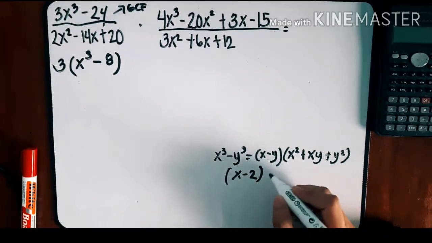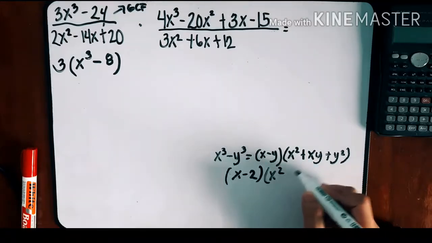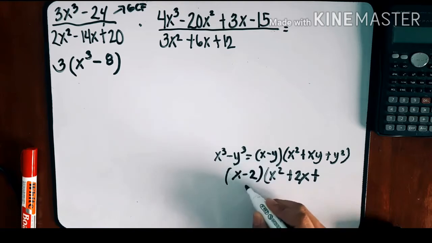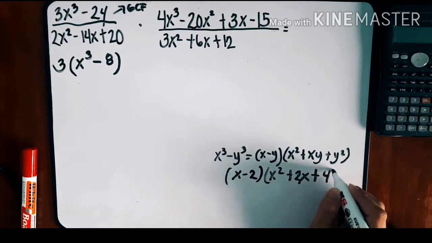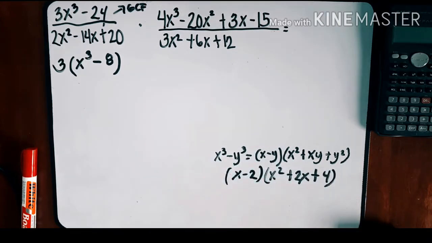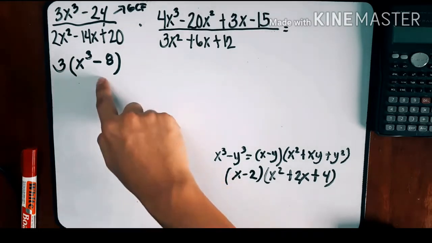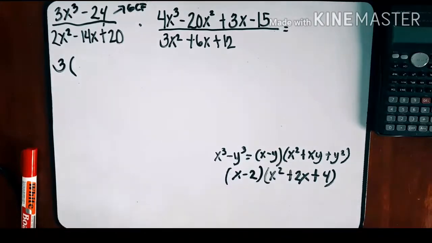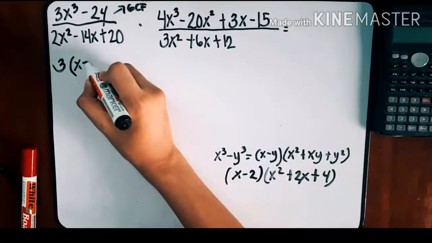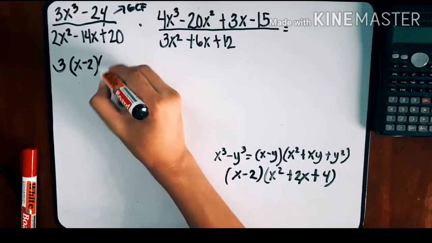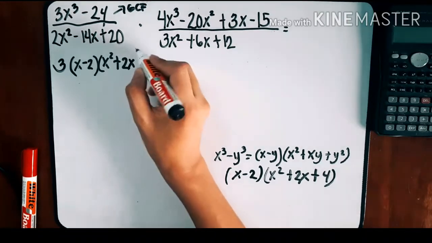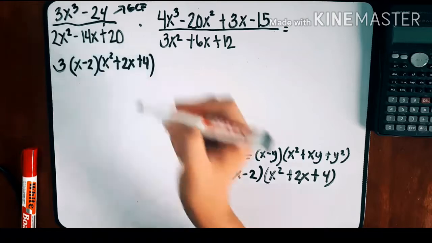So x squared plus 2x plus the square of 2, which is 4. We can substitute this here since we've simplified it. So, that will be x minus 2 times x squared plus 2x plus 4.